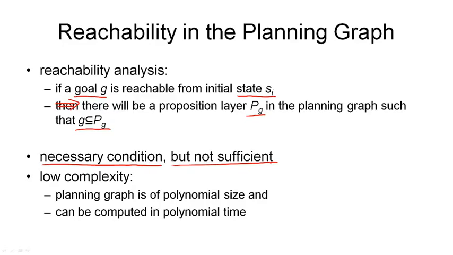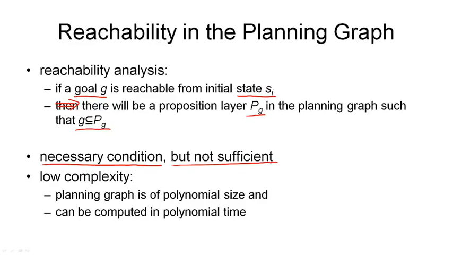So there were actions for moving a robot from one location to another and back in the same action layer. Those two actions can, of course, never occur in parallel. So the planning graph only gives us a necessary condition for goal existence. We can look at the last proposition layer, and if our goal is not contained in the last proposition layer, then this planning graph does not contain a solution plan.